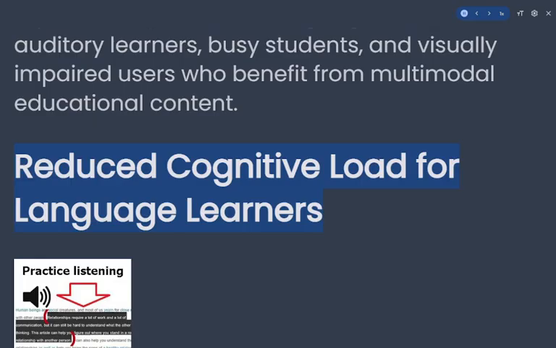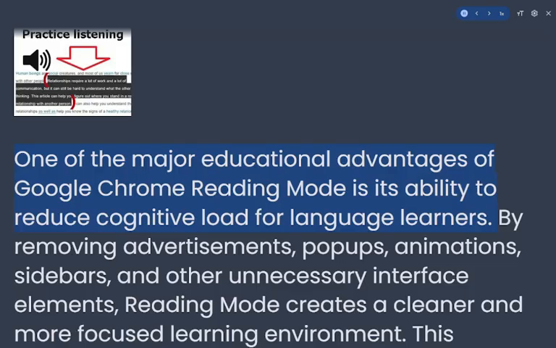Reduced cognitive load for language learners. One of the major educational advantages of Google Chrome reading mode is its ability to reduce cognitive load for language learners. By removing advertisements, pop-ups, animations, sidebars, and other unnecessary interface elements, reading mode creates a cleaner and more focused learning environment.